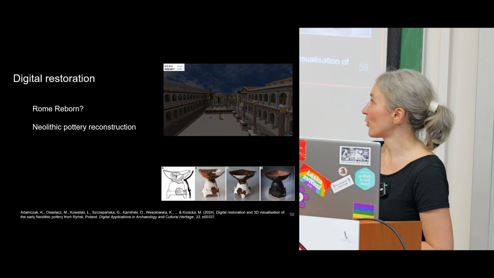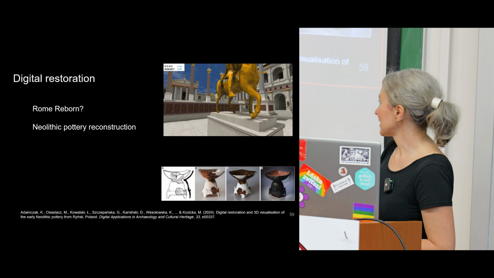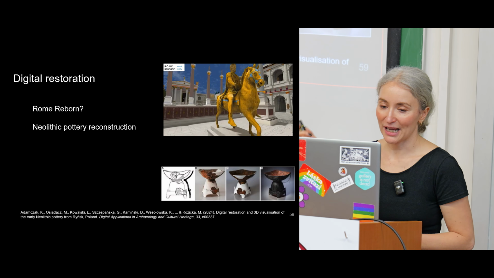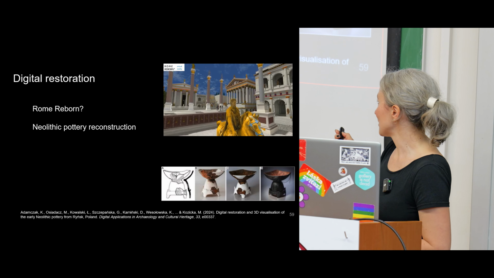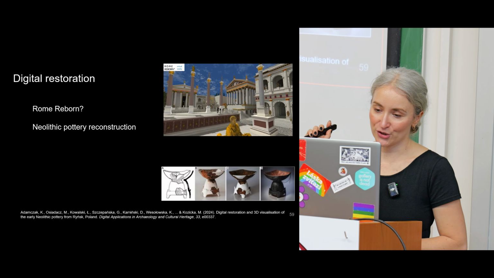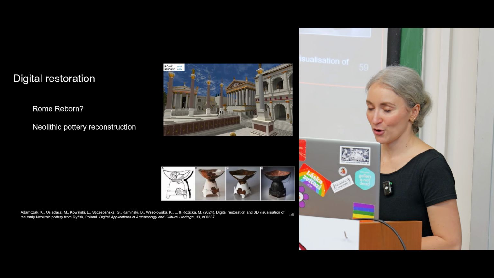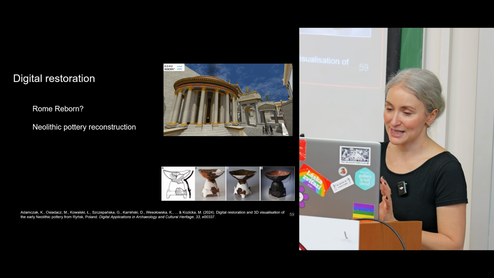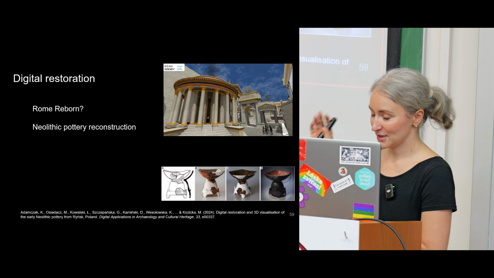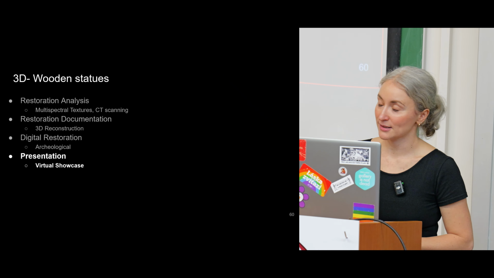Maybe you have seen it before, but also on ancient or Neolithic pottery, you can see some digital restoration of these pieces. So definitely many different research projects were done in this area, but these are just some examples to illustrate it.